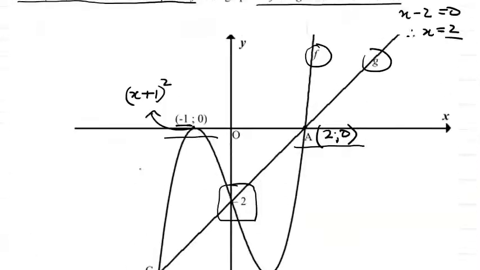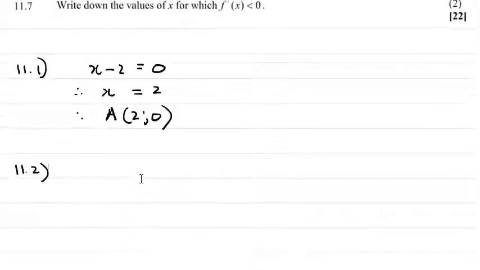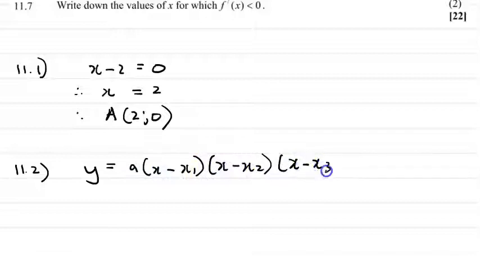So when you are given the x-intercepts and 1 point, you can use the following formula to find the equation of a cubic function. So we can say f of x. In this particular case, let's just write down the formula. Y equals a into x minus x1, x minus x2, x minus x3. Remember, a cubic function can have at most 3 roots.